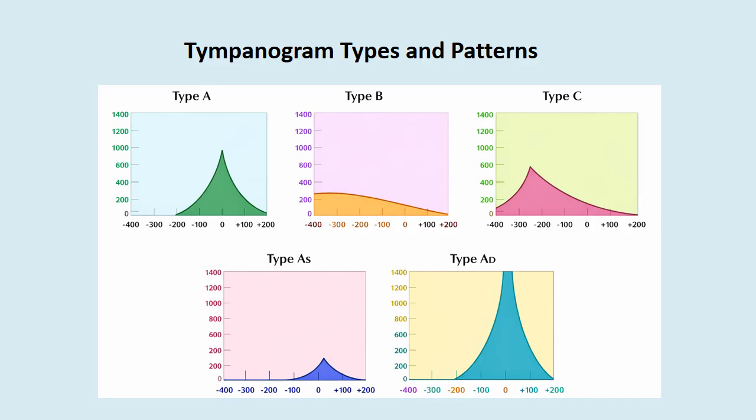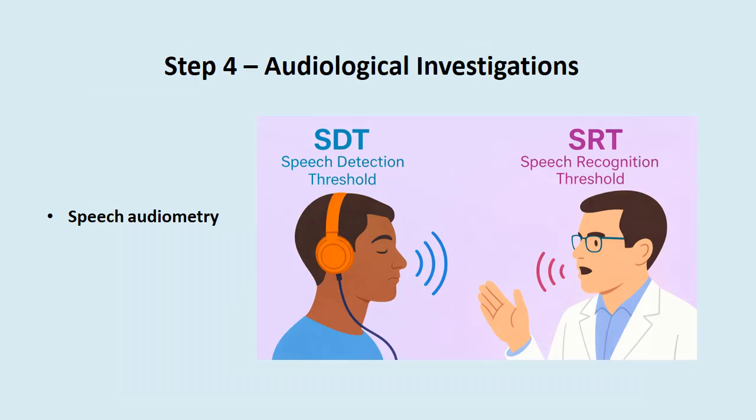Clinical correlation. Pure tone audiometry assesses degree and type of hearing loss, whereas tympanometry identifies middle ear pathology. Together they provide a complete audiological assessment. Speech audiometry. Speech audiometry assesses hearing ability using speech stimuli, providing functional insight beyond pure tones.